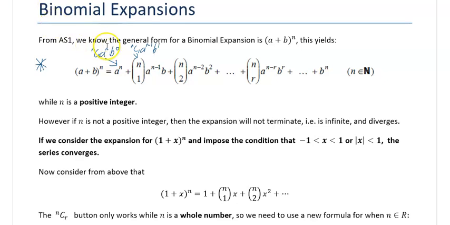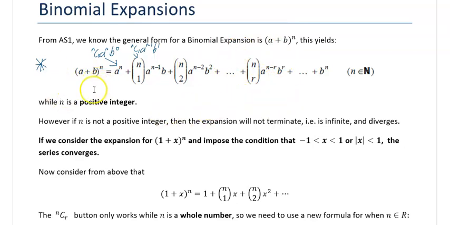The powers, these two powers always add up to n. So n plus 0 adds up to n, n minus 1 plus 1 adds up to n, n minus 2 plus 2 adds up to n, and n minus r plus r adds up to n. This is a general term, which we saw last year, and that was quite important as well.